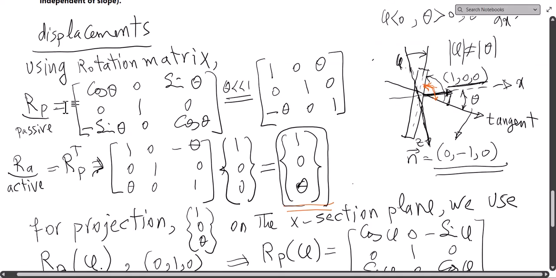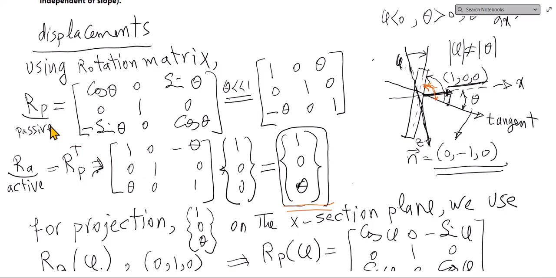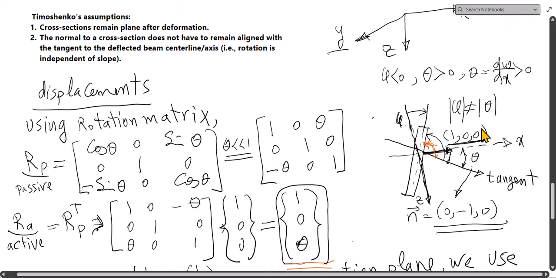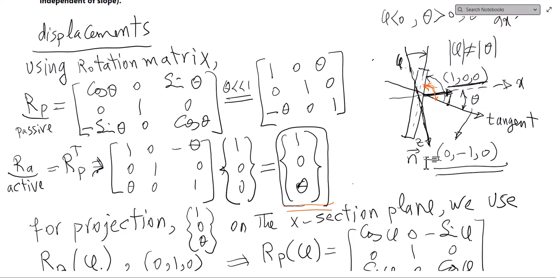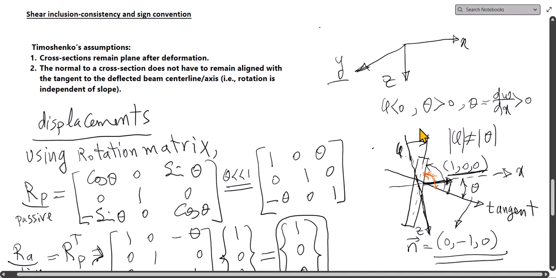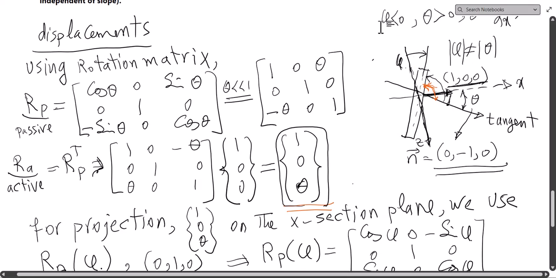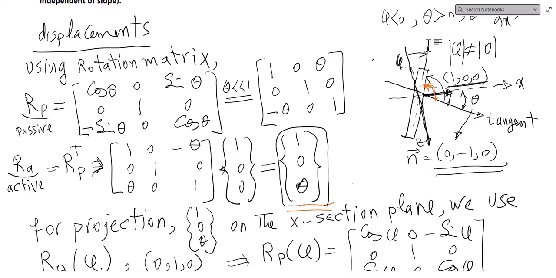For this, we have to use an active rotation matrix, which is the transpose of the passive. Because theta is positive here and phi is negative, my rotation will be about a vector in the direction of (0, -1, 0), basically the negative direction of y, and counterclockwise is positive.